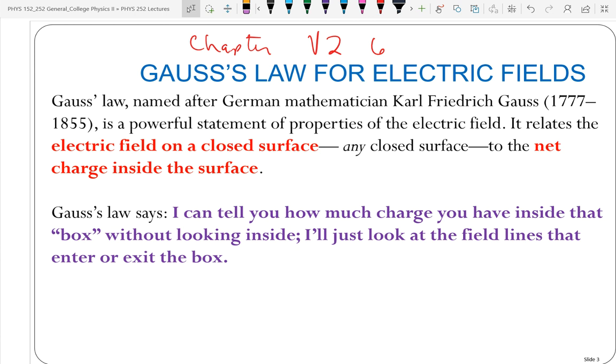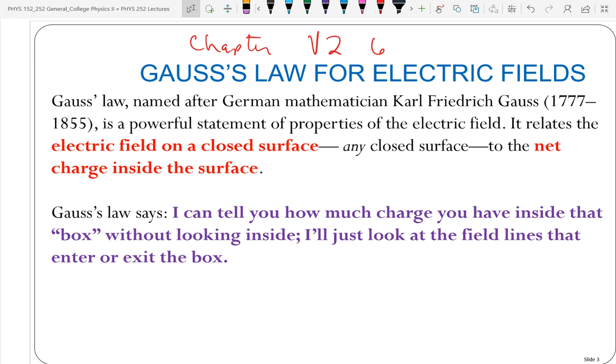He said that the electric field coming out of a region is proportional to how much charge is in that region. I said that in class Friday, that the number of electric field lines coming out of a charge is proportional to the charge. And that came simply from using Coulomb's law.